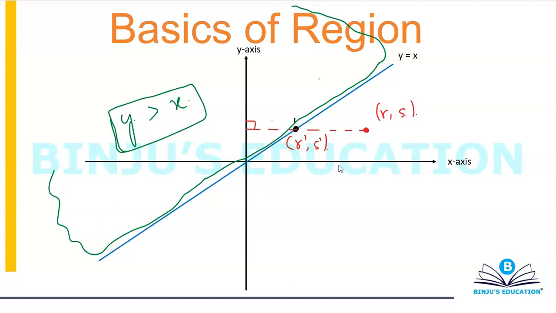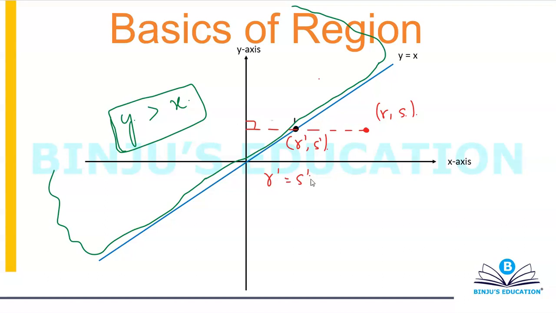Now this r dash comma s dash lies on the line y is equal to x, which means I can say that r dash will be equal to s dash.